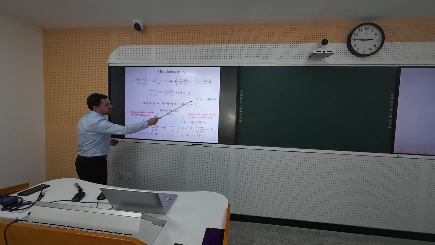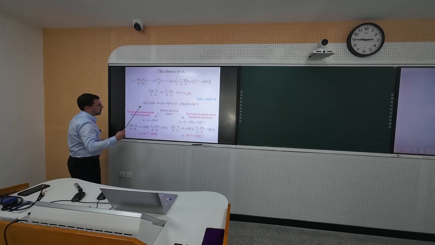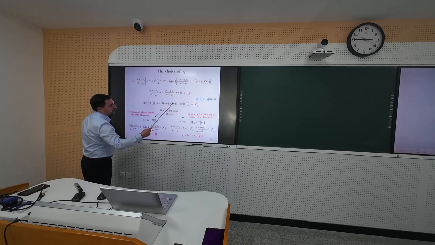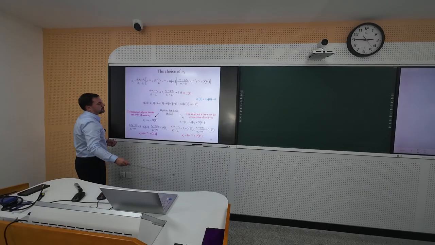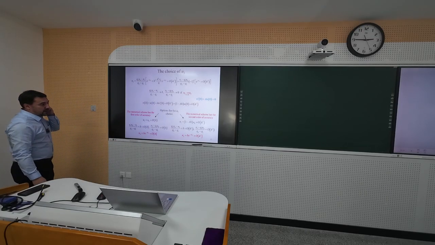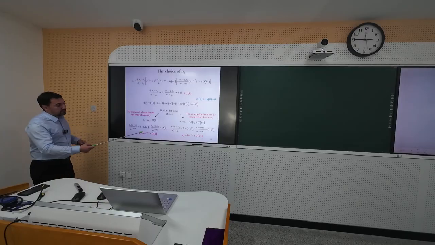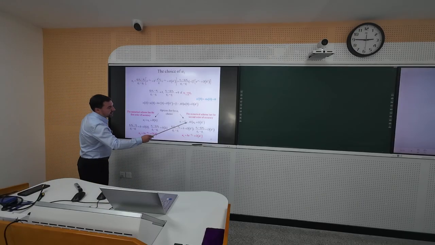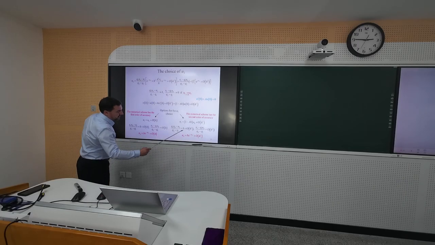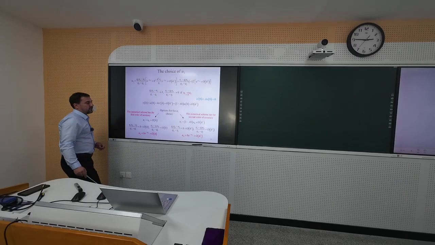We express u prime, put it here, and get the relationship between u at point h and u at 0: u0 times (1 minus ah), plus terms proportional to h squared. So we can take u1 as (1 minus ah) u0. And this way, you will get the formula with second order accuracy.